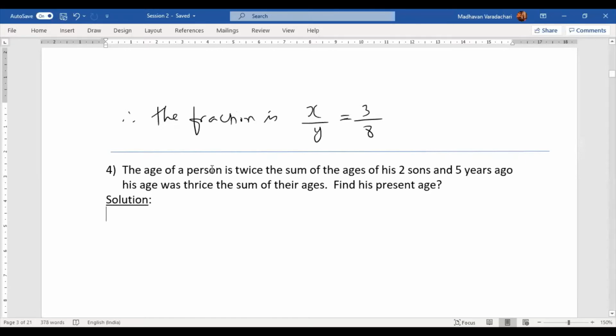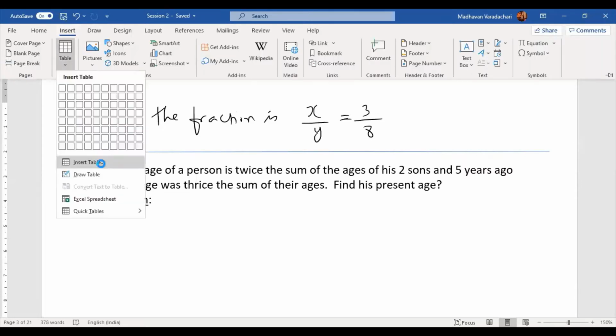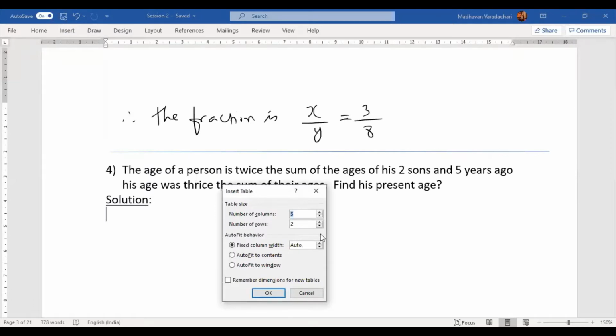Again, we will consider that person as a father, and the father has got two sons. So we will just create one small table, which will be easier for us to do.